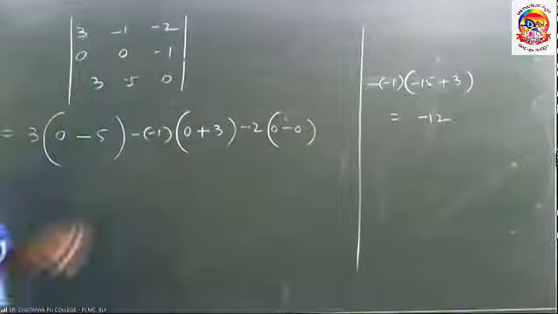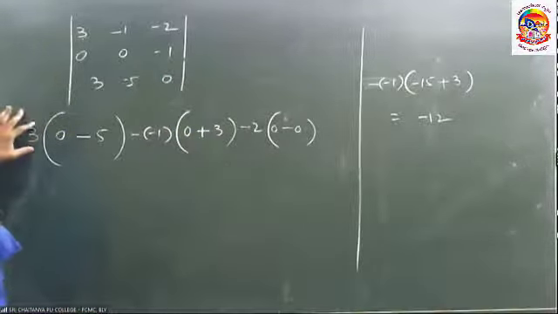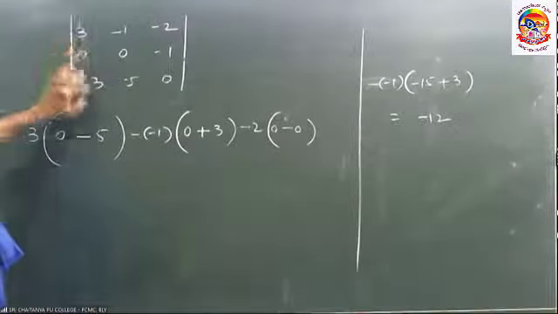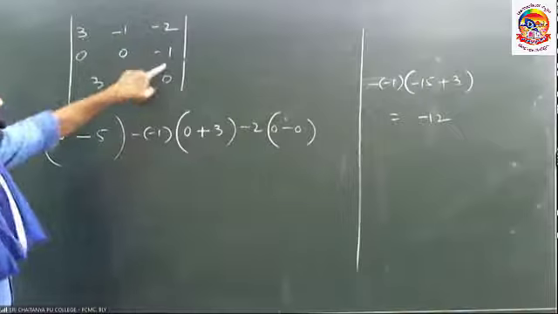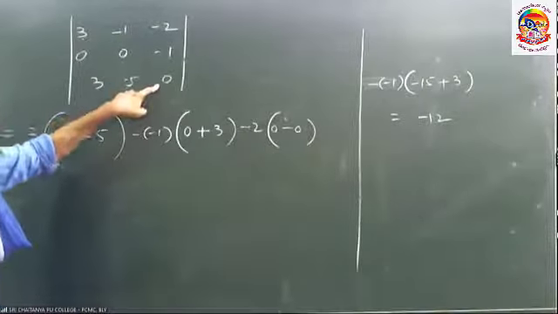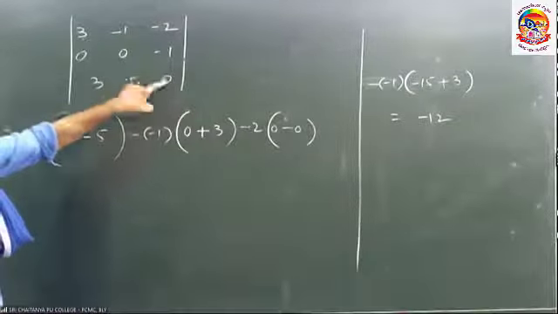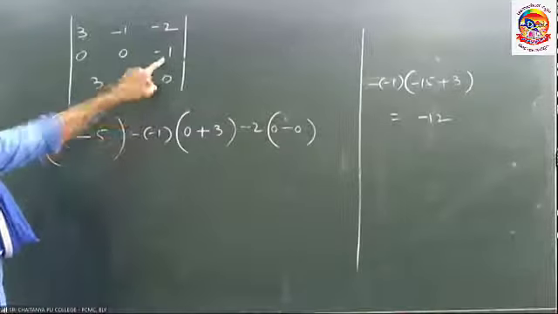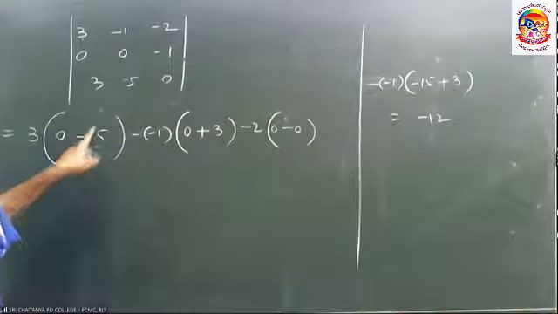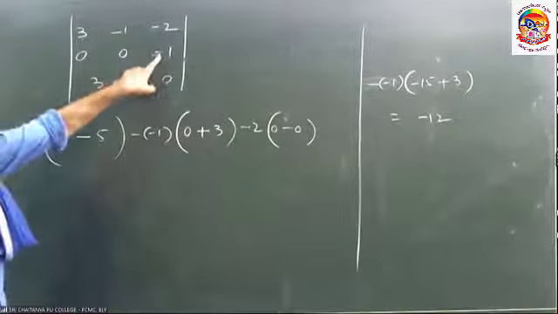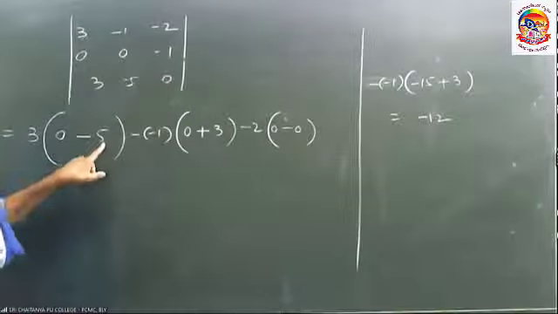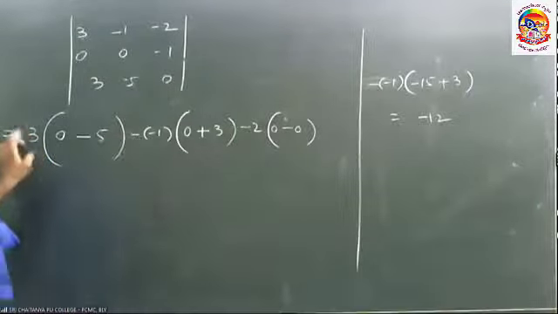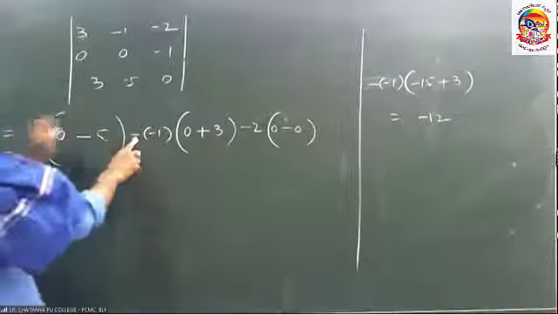I am repeating this one, observe it. 3 into, excluding this column and this row, you are going to get these 4 elements. Find out the determinant of this. 0 minus of this, so 0 minus into minus is positive, 1 into 5 is 5. Minus 1, positive over negative.